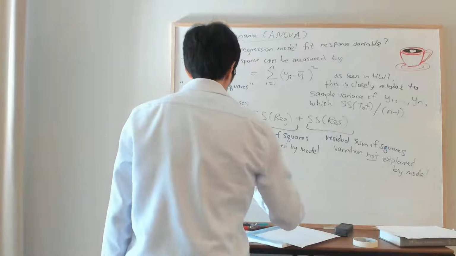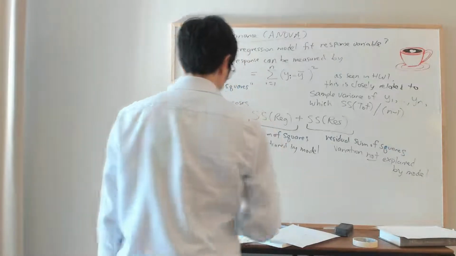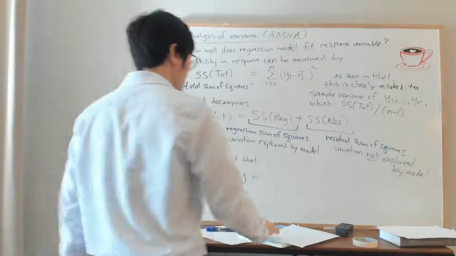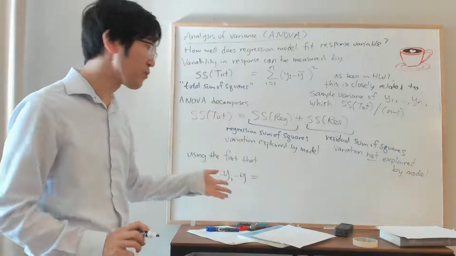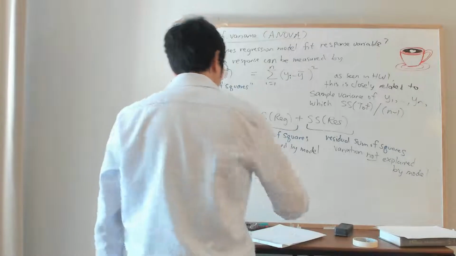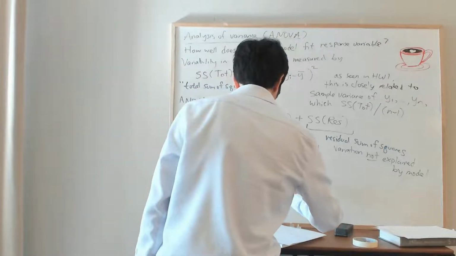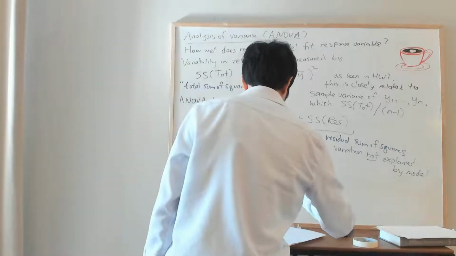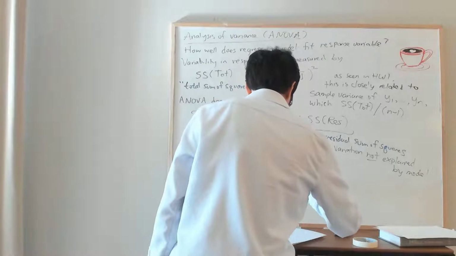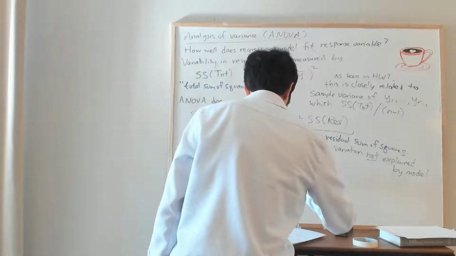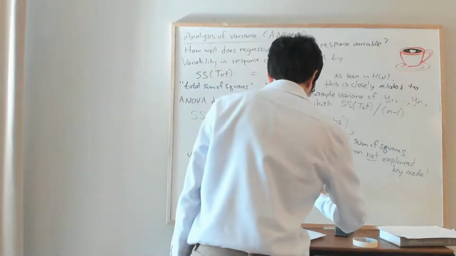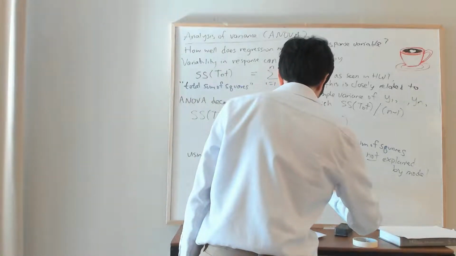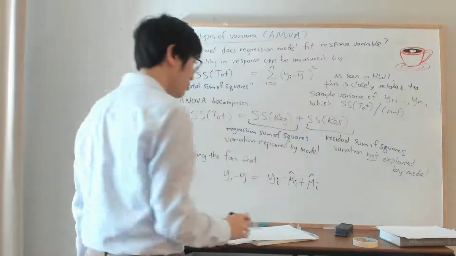The reason this works is that this difference can be expressed equivalently if I add and subtract the fitted value. Remember we call mu hat the fitted value, the value of y at the regression line. So if I subtract mu hat and then add it back, it's mathematically equivalent.